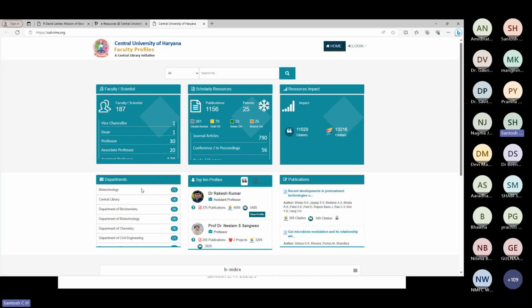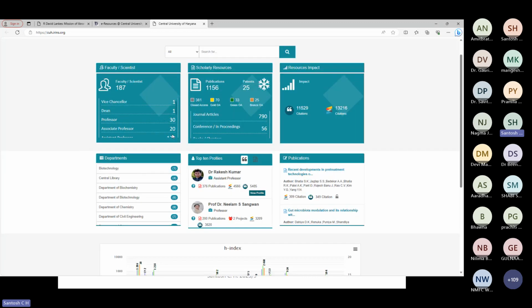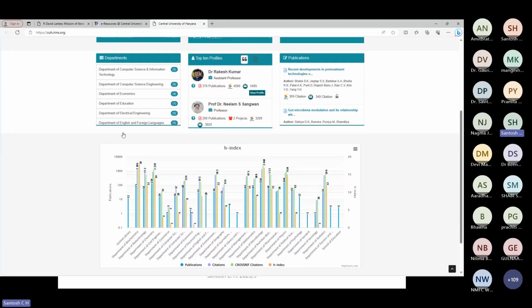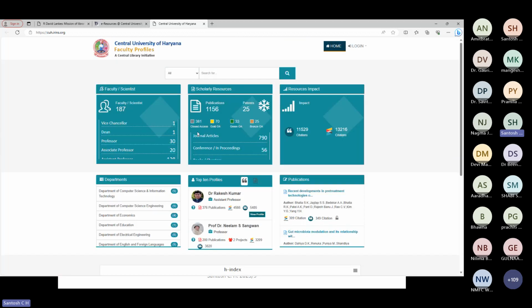We need to add the data. If I connect my Google Scholar profile and Scopus ID on this particular website, definitely this platform starts collecting all the data related to my researchers or faculty.